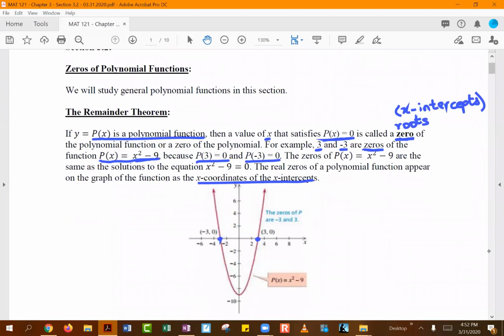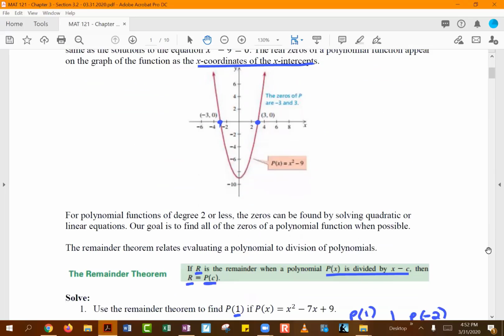And if you look at the graph of p of x equals x squared minus 9, you will see right here at positive 3 and negative 3 on the x-axis, our graph is crossing the x-axis, and that's where your function values or your y values are going to be 0. So that's what we're talking about when we say zero of the polynomial function, okay?